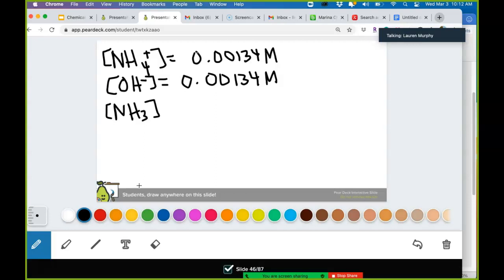Now the ammonia is a little bit more work, right? Because it's 0.1 minus X. So it's 0.1 minus the 0.00134. And yes, it does change it slightly.